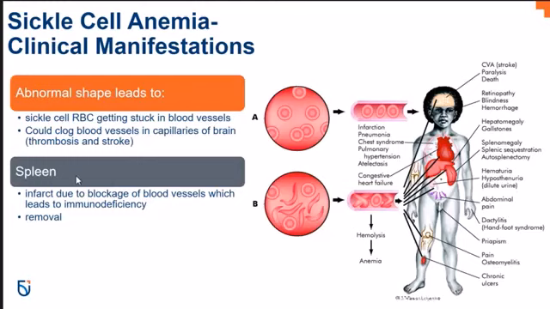But with the spleen, an interesting complication is that the spleen can actually experience an infarct, where there's that logjam effect at the level of the spleen, it's not getting the proper blood supply it needs for survival, and it needs to be removed if it's damaged enough. And the spleen is a huge immune organ, so it can lead to immunodeficiency in these affected individuals.